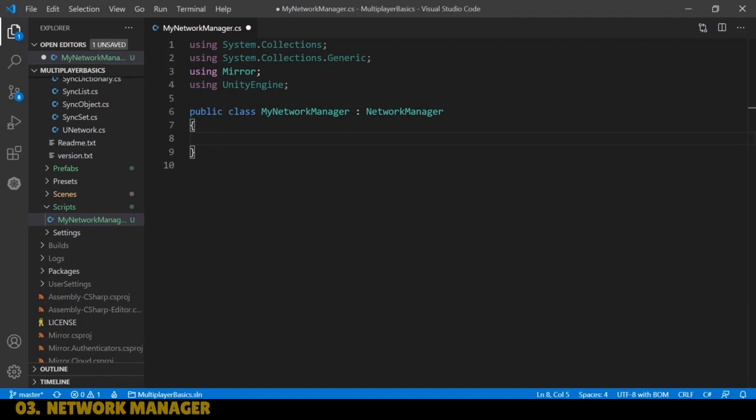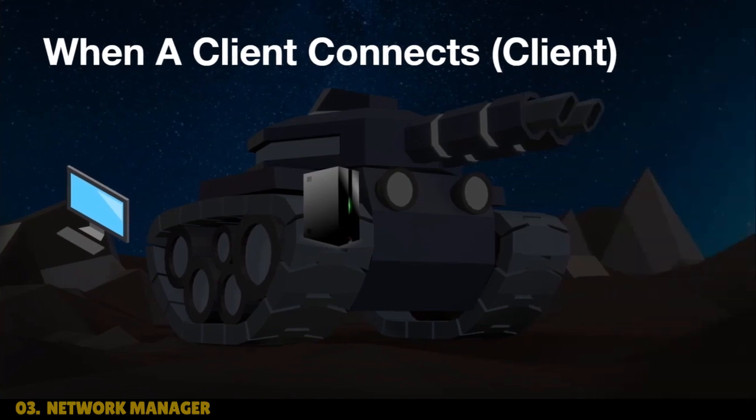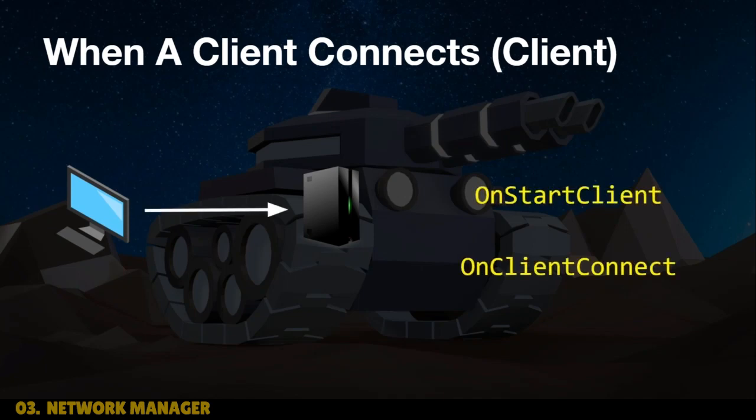Before we write our own logic in the network manager, let's just have a look at the theory behind what goes on. There are two scenarios: the client scenario and the server scenario for when a client is connecting to a server. This is what happens for a client. A client will attempt to connect to a server, and then certain things will be called on the client. We'll have the OnStartClient and the OnClientConnect callbacks.